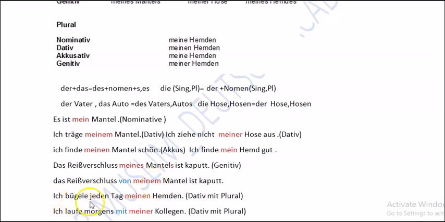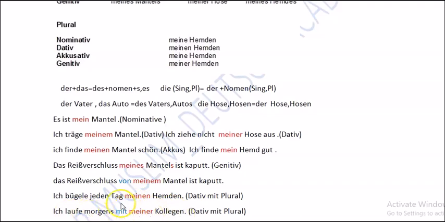The next one is ich bügele jeden Tag meine Hemden. It means ich bügele, I am ironing my shirts every day. The next one is ich laufe morgens mit meiner Kollegin.